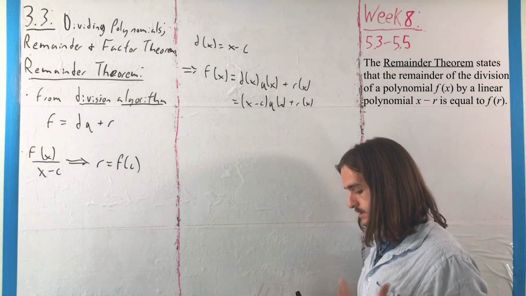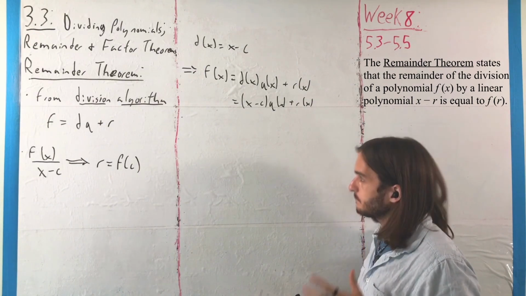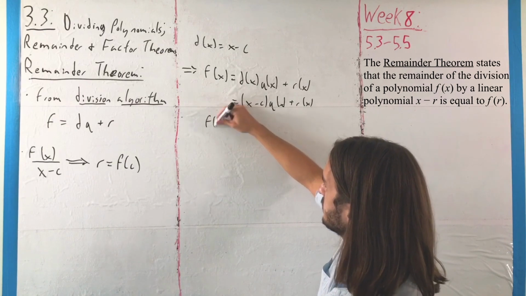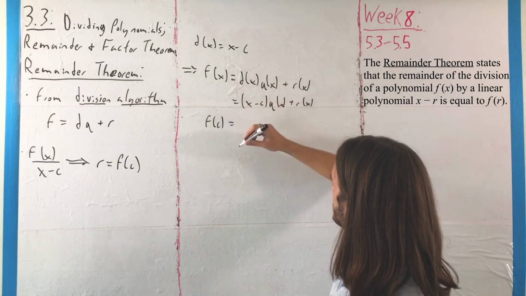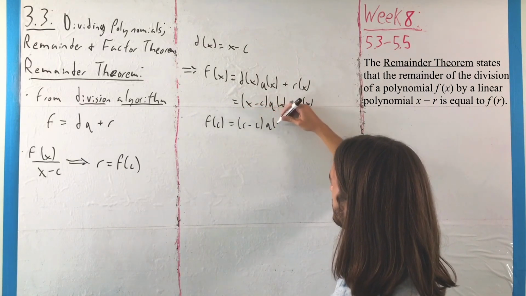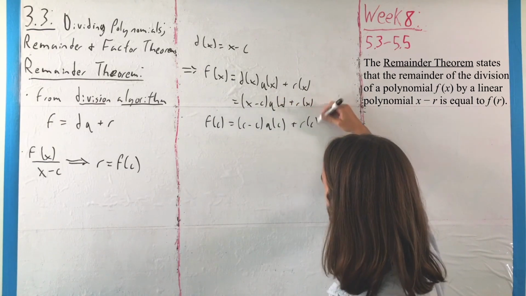There we have that type of value, but in particular, if we evaluate this at c, we'll end up with f of c is equal to c minus c times q of c plus r of c.